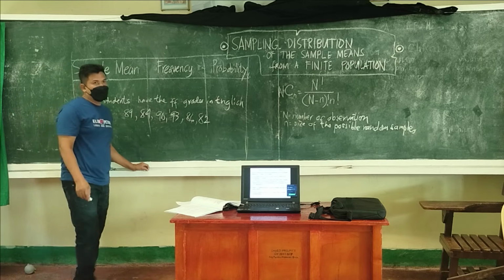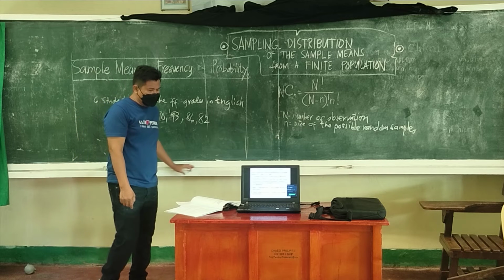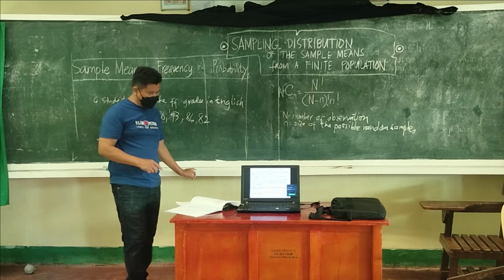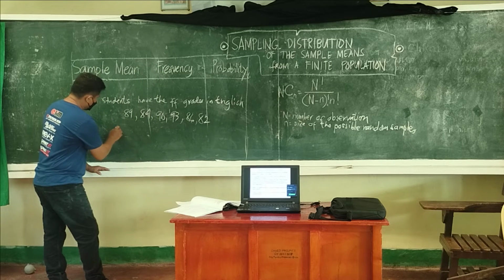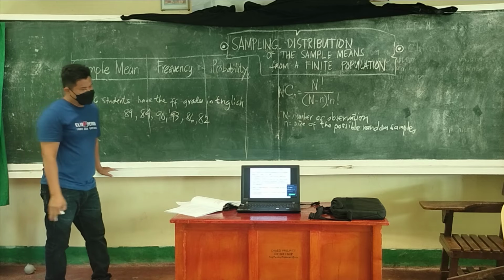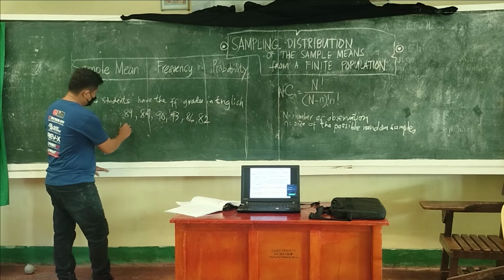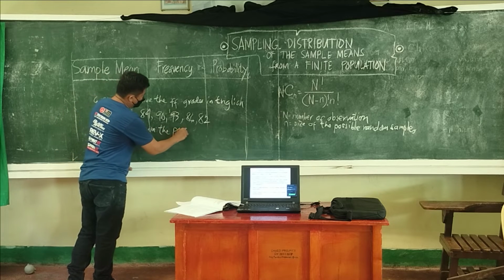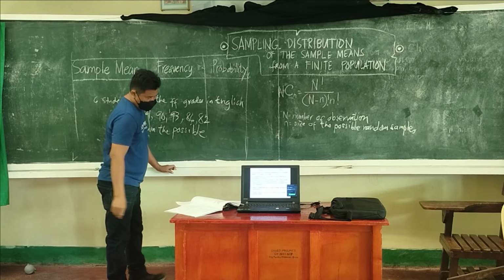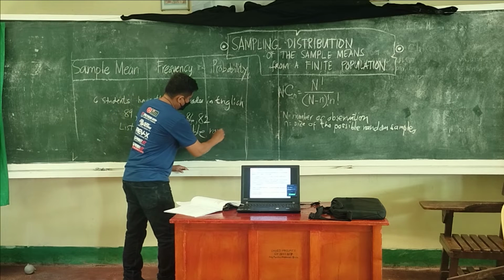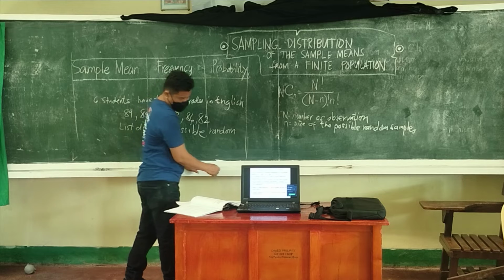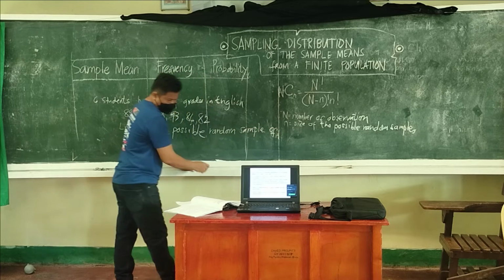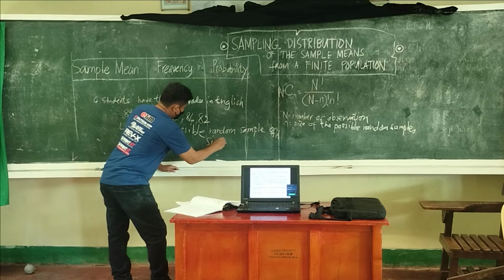So what we have to do now is list down all possible random samples of size 3.